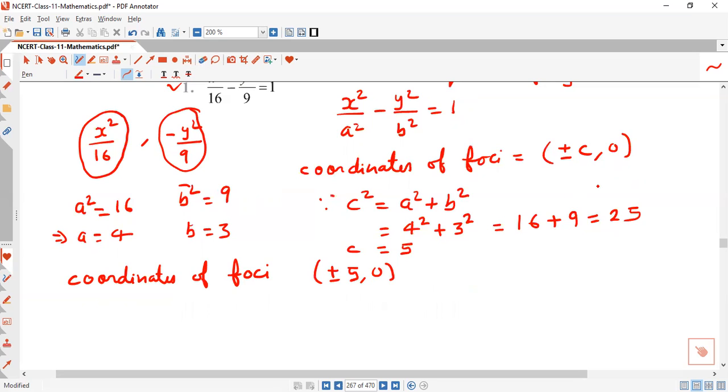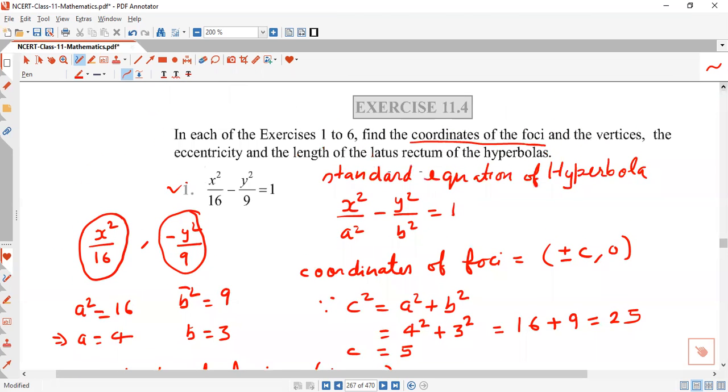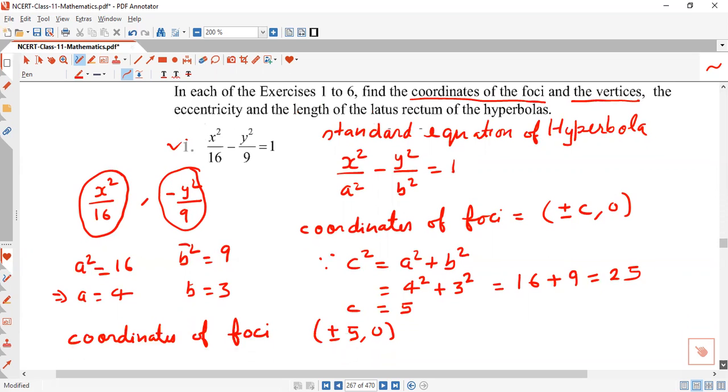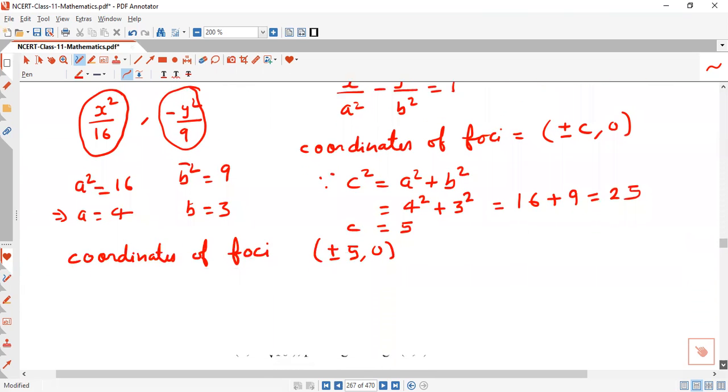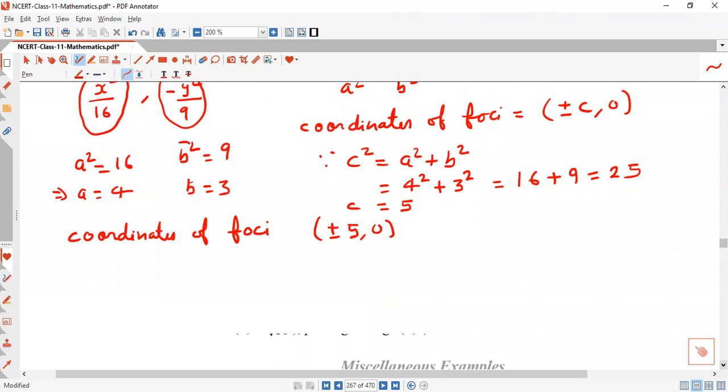Right. Now see the question is asking another part: the vertices. See, in the hyperbola we have two vertices, and both the vertices lie on the transverse axis again. Here a is positive, a is the bigger one, so on the x-axis basically.